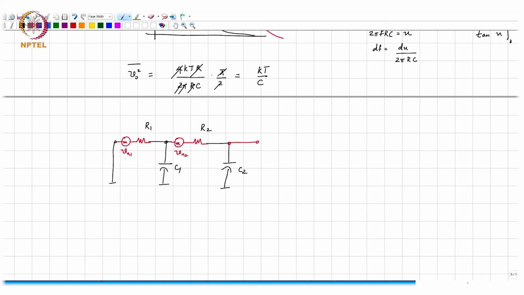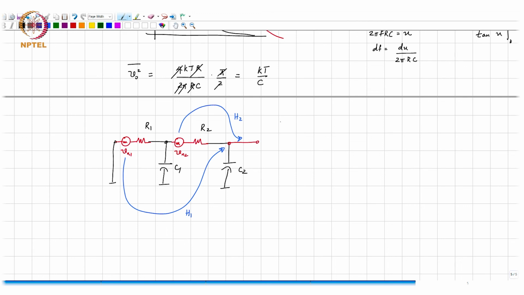We need to find the transfer function from Vn1 to the output, let us call that H1, and the transfer function from Vn2 to the output, let us call that H2.